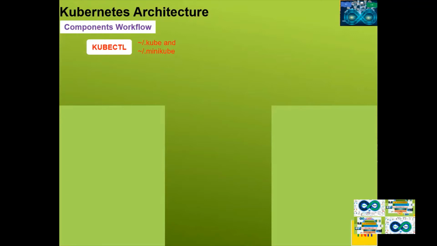You can see here .kube and minikube. If you are running with minikube, .kube has the config file, which tells kubectl which cluster to connect to. The context of the cluster is given to kubectl using .kube.